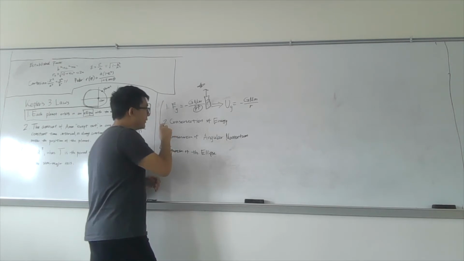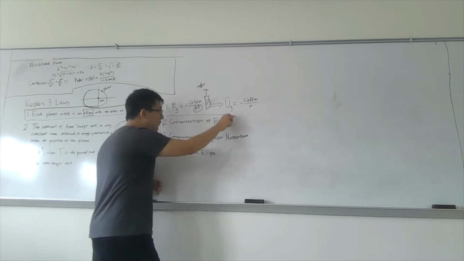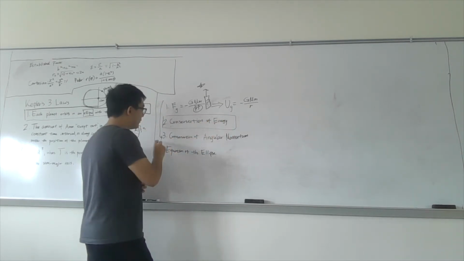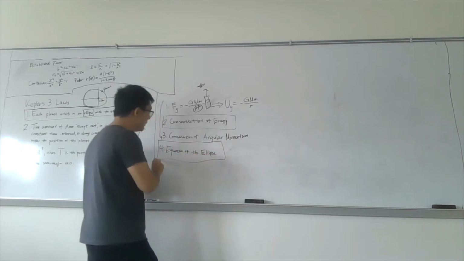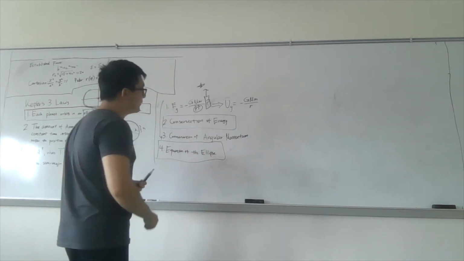Secondly, we're going to need to use conservation of energy, and we need to use our polar form of the equation of the ellipse, which we've already derived.